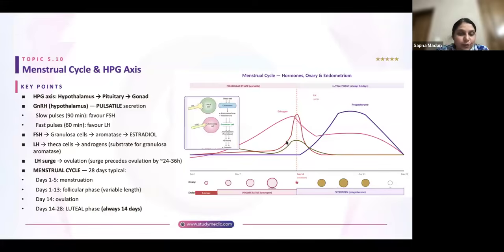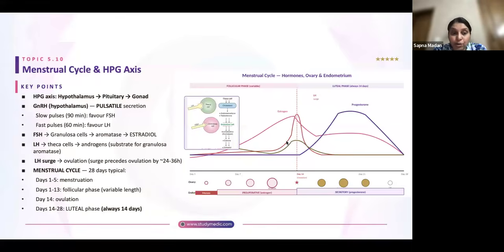That is going to transfer to the granulosa cells, and the aromatase enzyme over there is going to convert this testosterone into estradiol. So granulosa cells are under the action of FSH. The LH will act on the theca cells, which will act on the androgens, like we had just discussed, which will be the substrate for the granulosa cell aromatase.